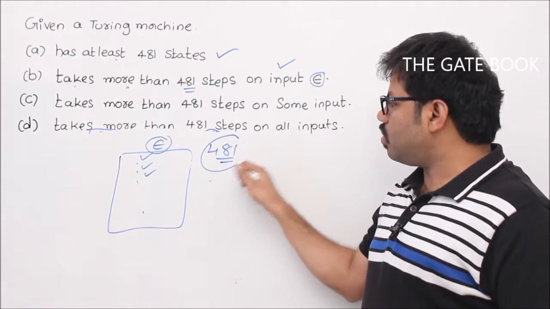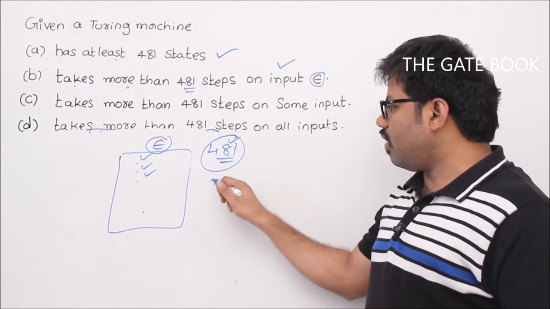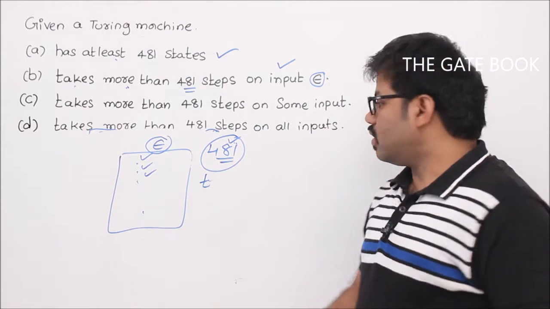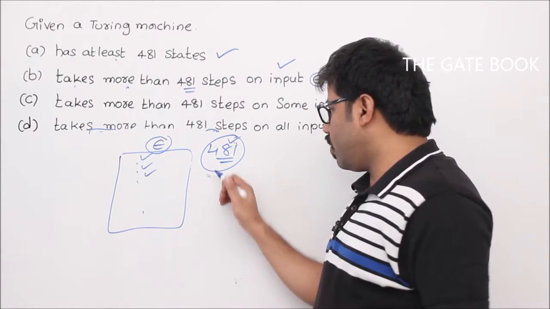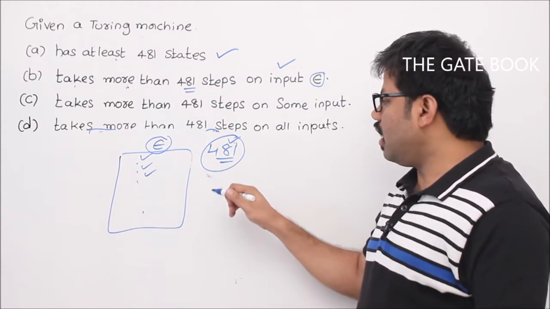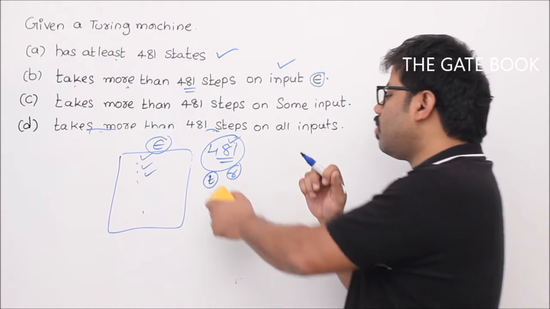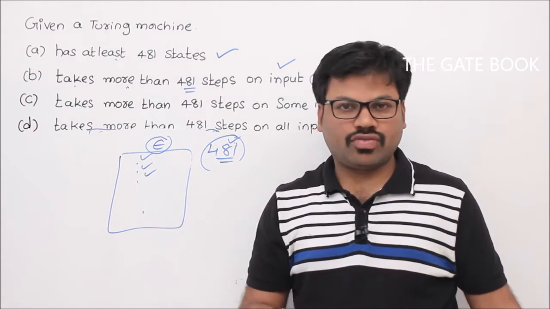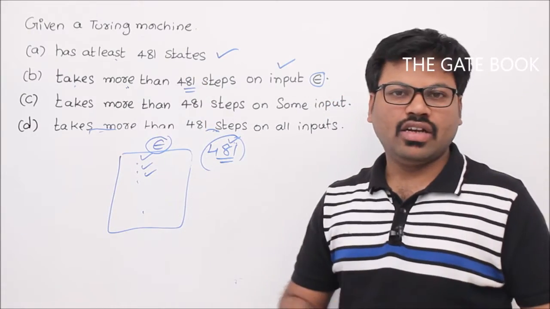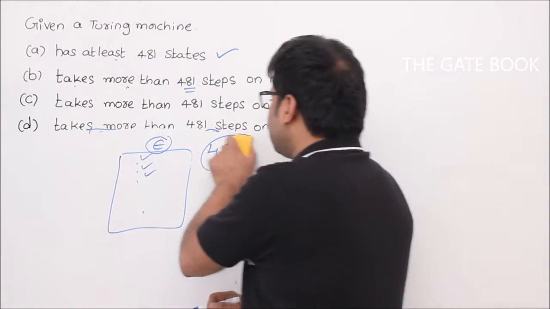That means within that number of steps itself, it should go to a final state. Sir, I ran my Turing machine for 481 steps, but still it did not go to the accept state or reject state. Then that means it is going to take more steps. Then we can easily decide, correct? So finally it is a decidable problem.